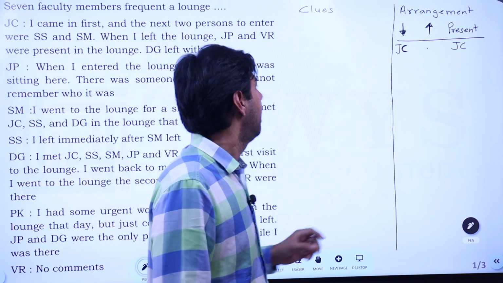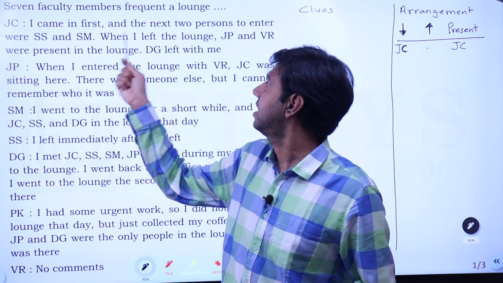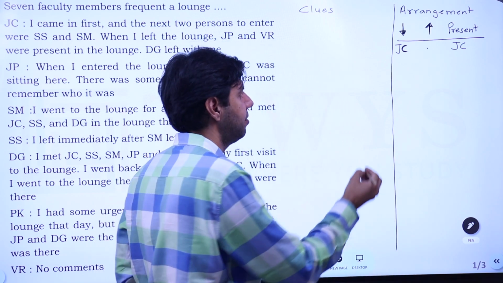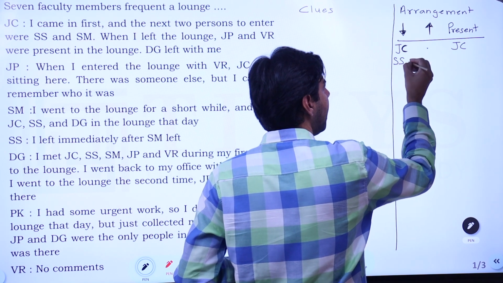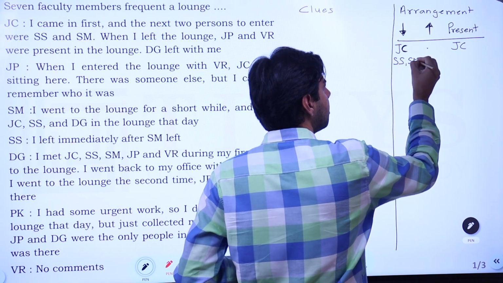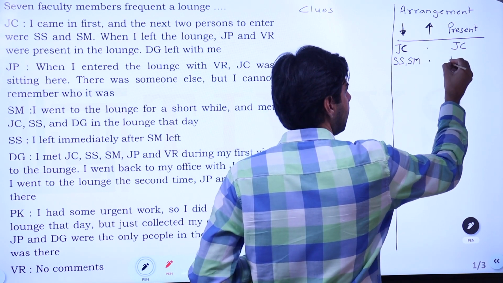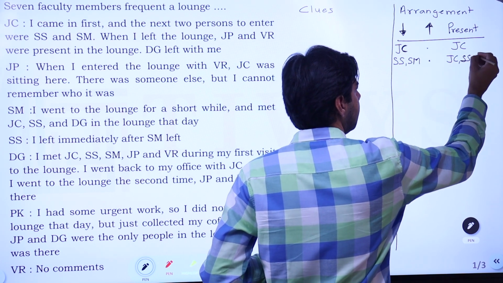Then there could be an entry, and if it is an entry, then it has to be SS and SM, because it says the next 2 persons to enter were SS and SM. So 2 people come simultaneously. The entry is in the first column, in the second column I just put a dot and proceed. So now the people present are JC, SS and SM.